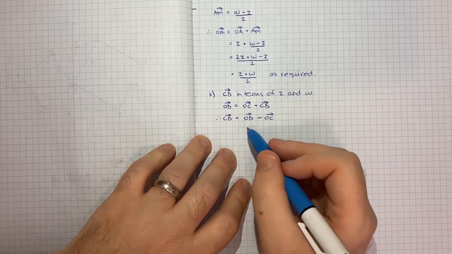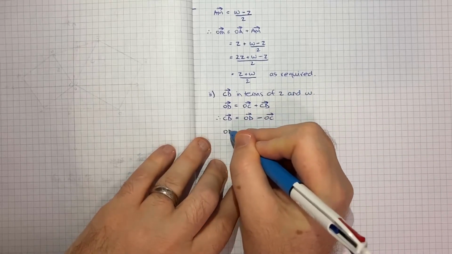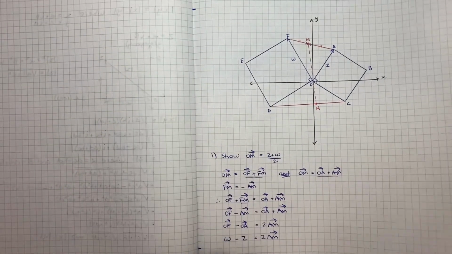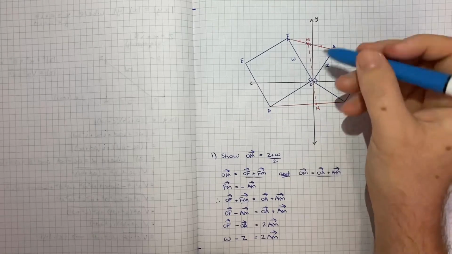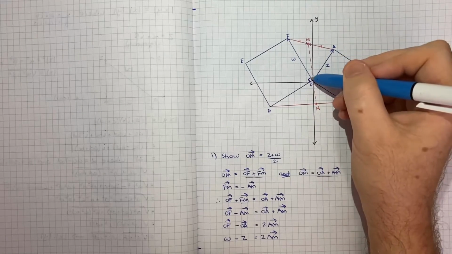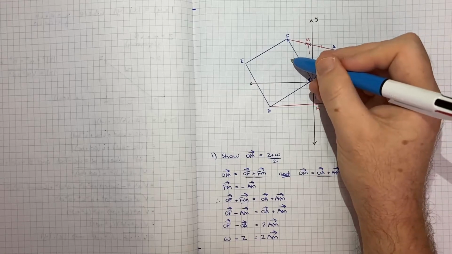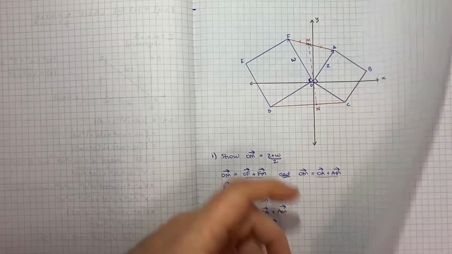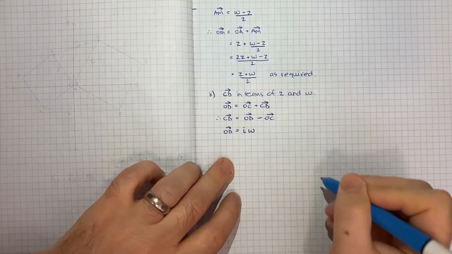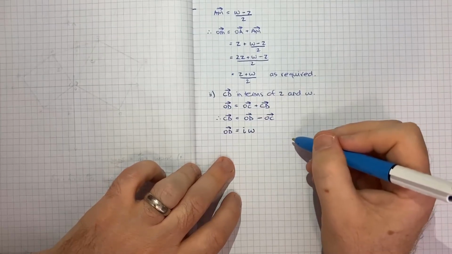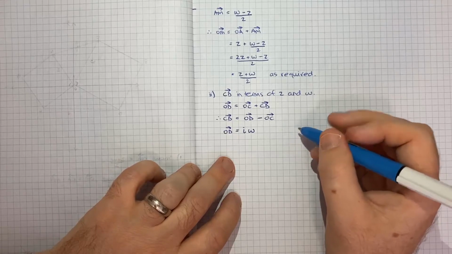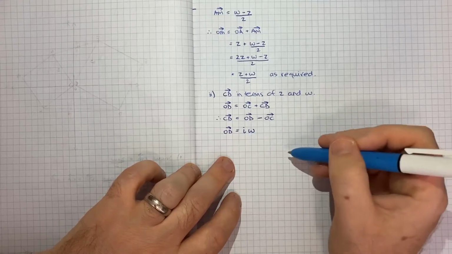Now, if we think about what vector OD is equal to, if we come back to our diagram, this vector OD is basically rotating 90 degrees in an anti-clockwise direction from the complex number W. So actually we can say vector OD is equal to i times the complex number W, because whenever you want to rotate 90 degrees anti-clockwise in the Argand plane, that's equivalent to multiplying by i.